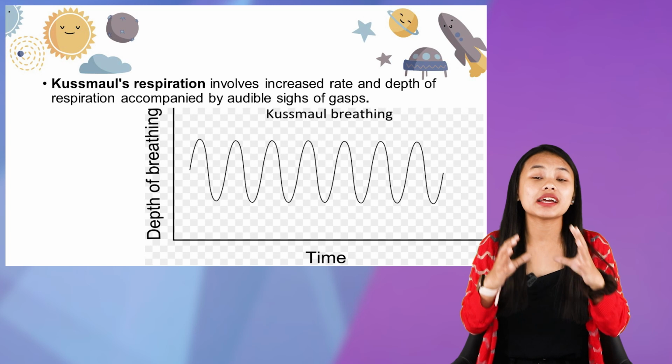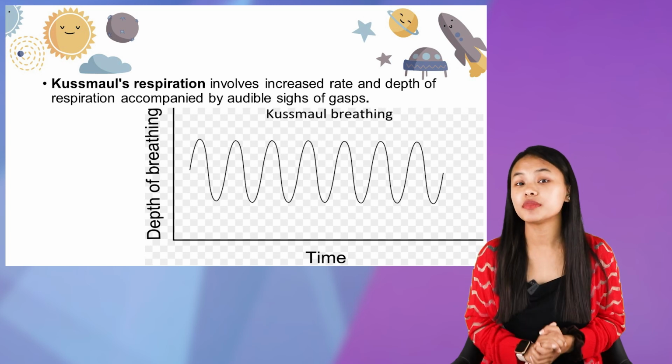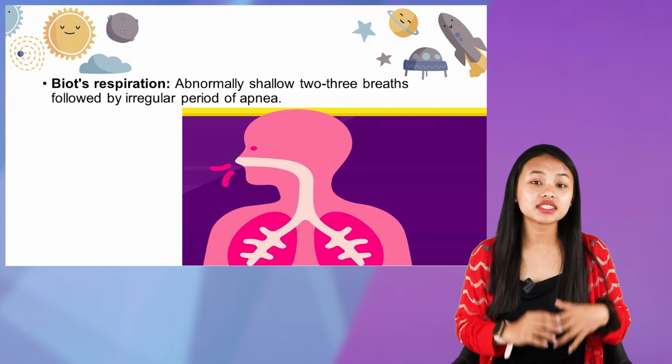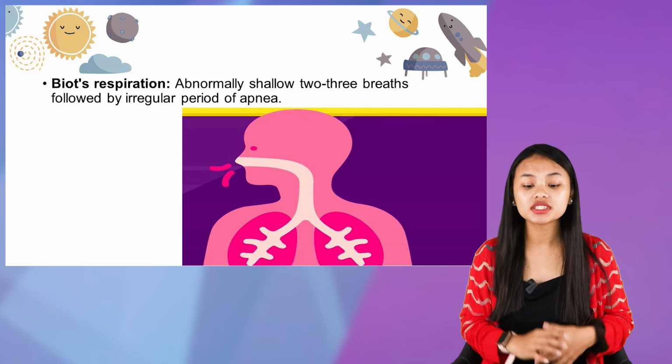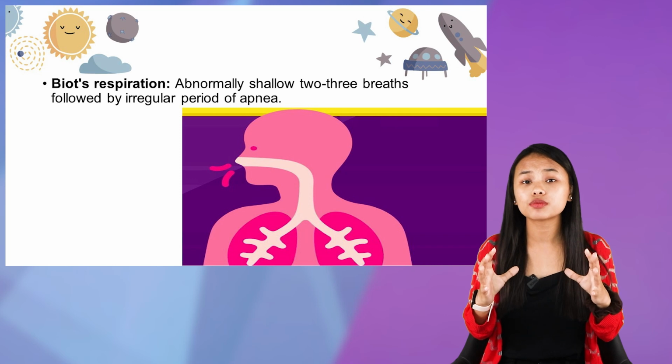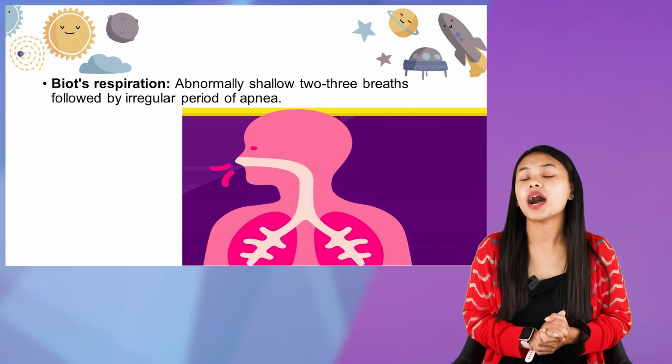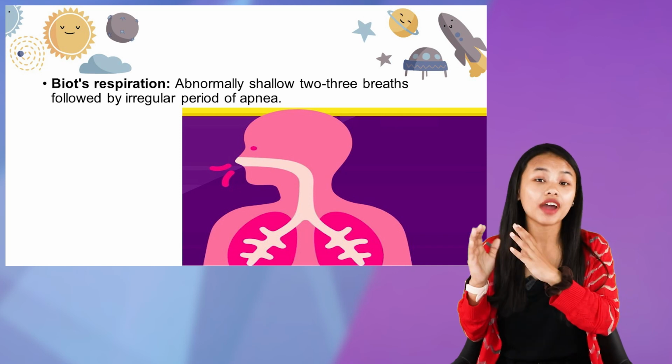So if you find that the client is having this, then it can be termed as Kussmaul respiration. And then the last one is Biot respiration, which means an abnormally shallow two to three breaths, which will then be followed or accompanied by an irregular period of apnea.